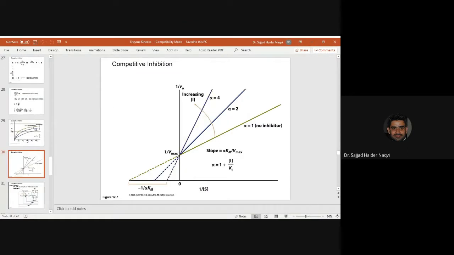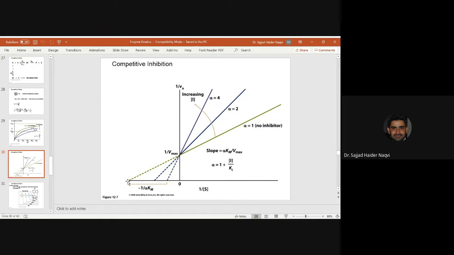Now this is the Lineweaver representation of the same condition. This is the competitive inhibition. In competitive inhibition, this green line indicates no inhibitor, this one indicates inhibitor, and this one indicates more inhibitor. And you can see that all of them are converging at one point. What it shows is that competitive inhibition will not affect the half of the Vmax, but it does affect the Km values.